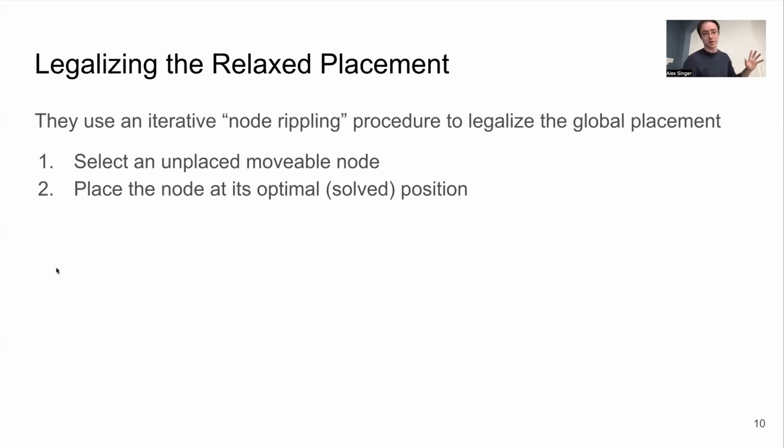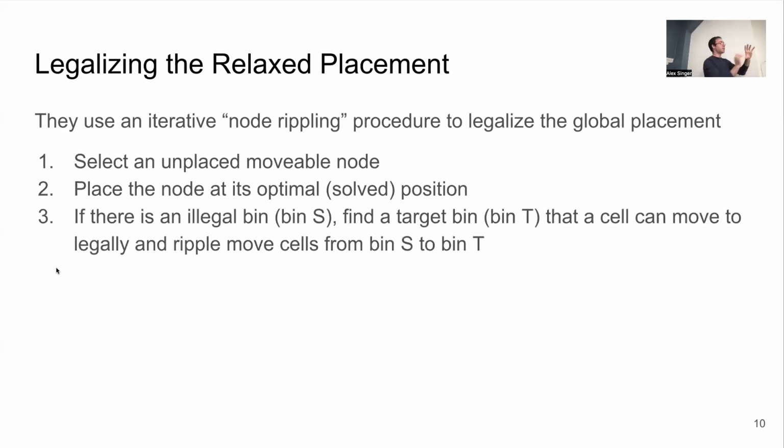I didn't make that clear. If after making that move there is an illegal bin S anywhere in my placement, find a target bin T that a cell can move to legally. That doesn't mean that this cell can move to it, it's just that something next to it can be moved into it.